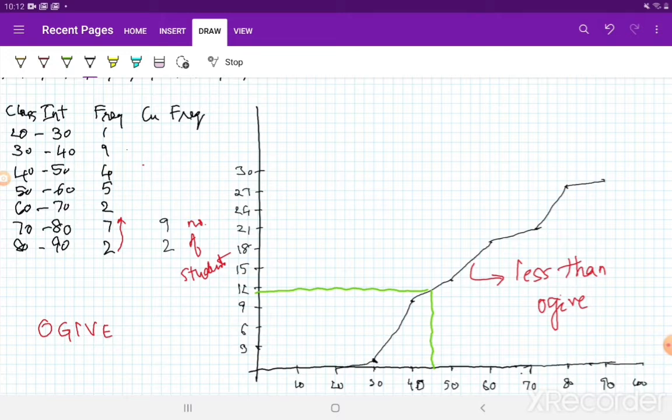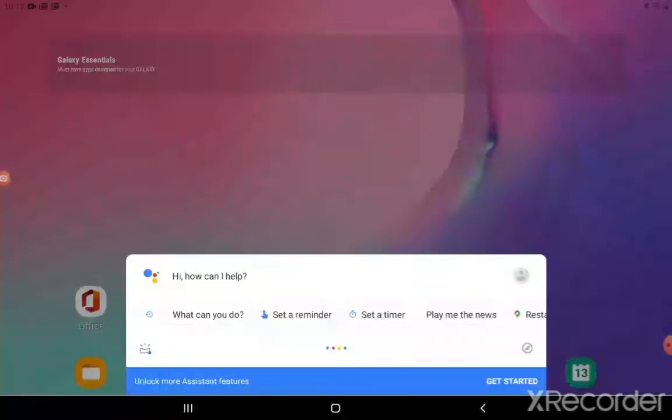How many people receive pocket money more than 60 will be these three frequencies added up. So that's 9 plus 2, 11. Similarly, more than $50 is 11 plus 5.